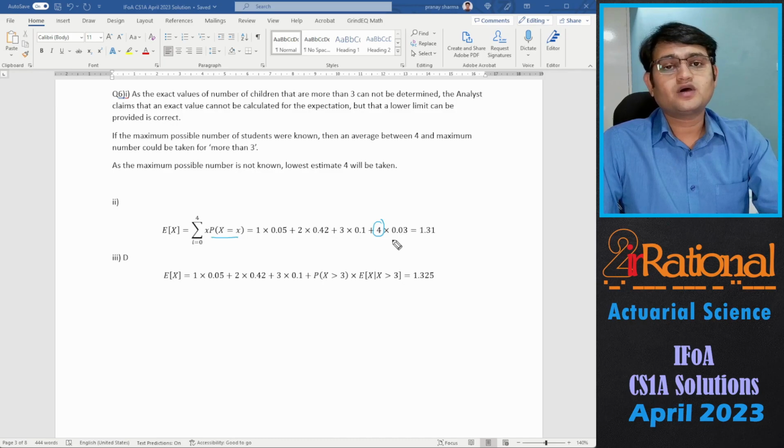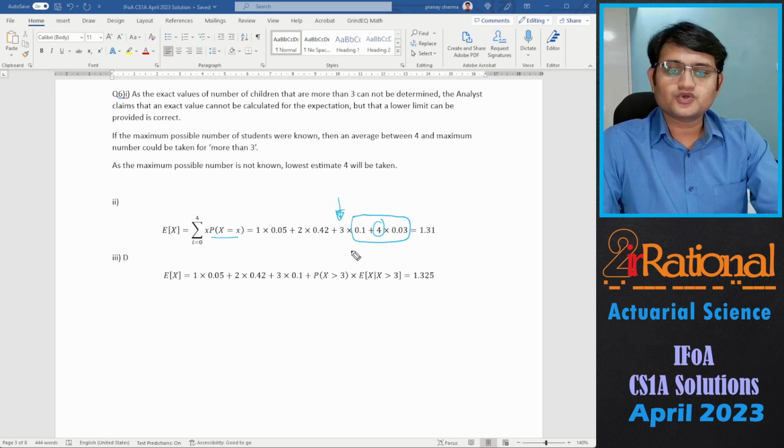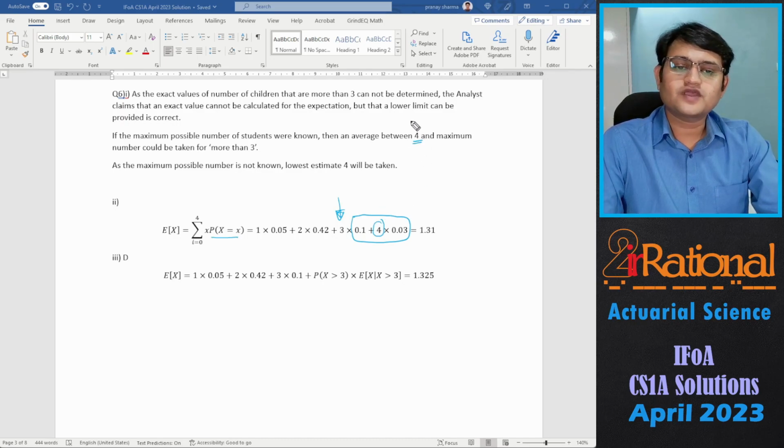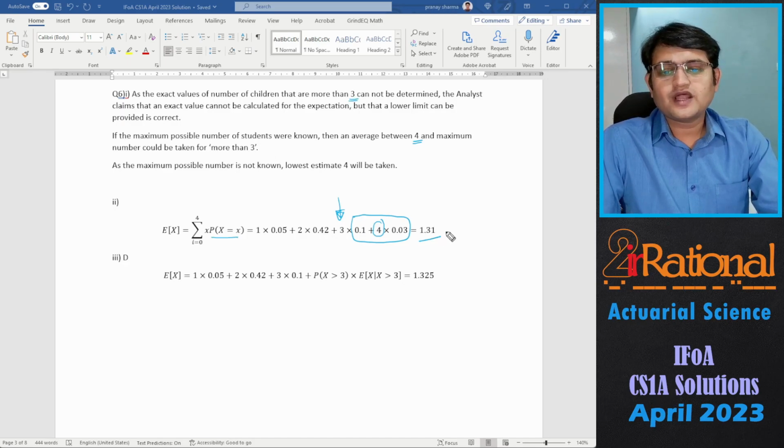One more way could be that we might take greater than or equal to 3, that means 3 plus, and we could take this 0.13 probability for 3 itself. That can be another approach where rather than taking the minimum value there as 4, we can combine it with 3 and take that. Slightly different answer, and I'm expecting them to give you full marks for both of these approaches.